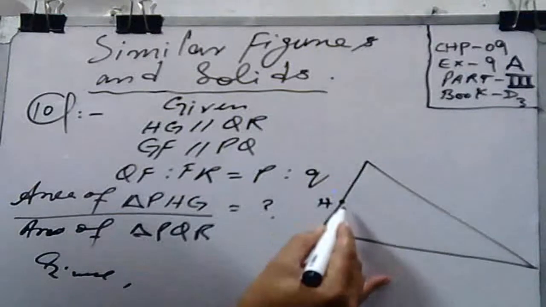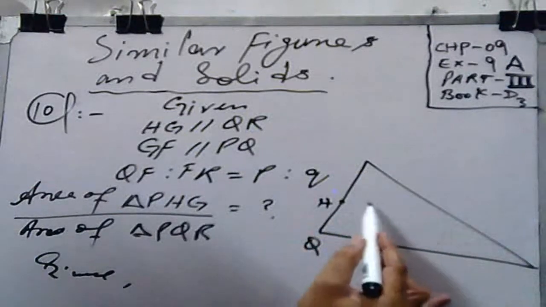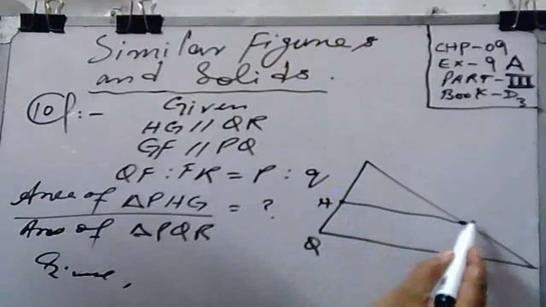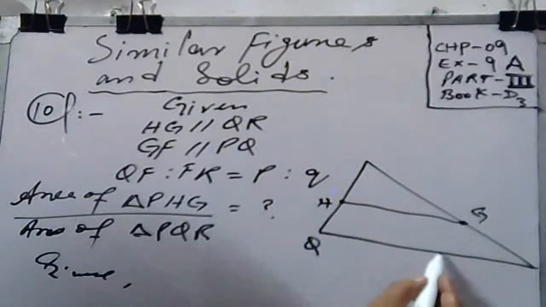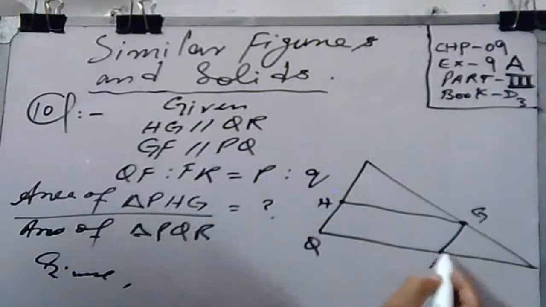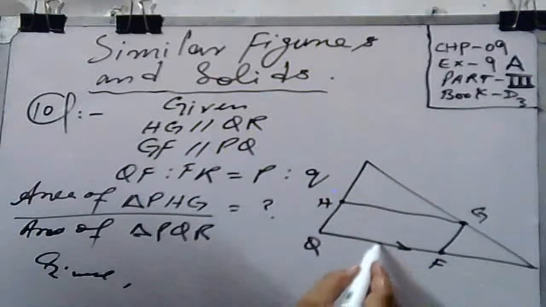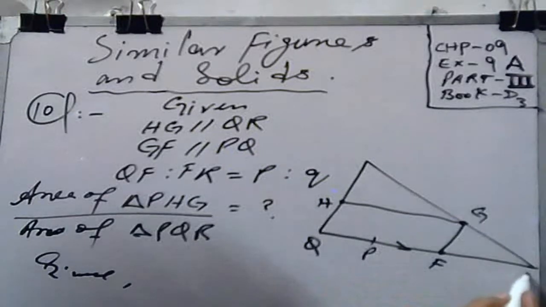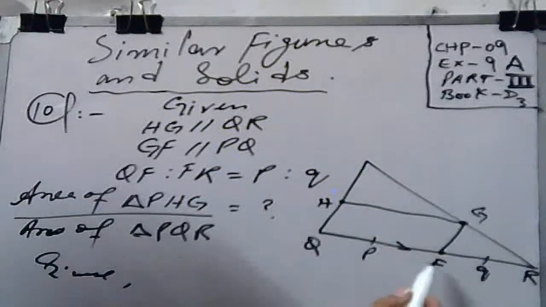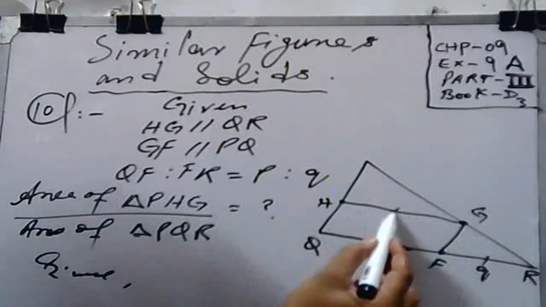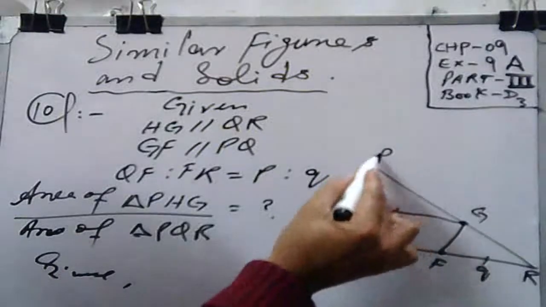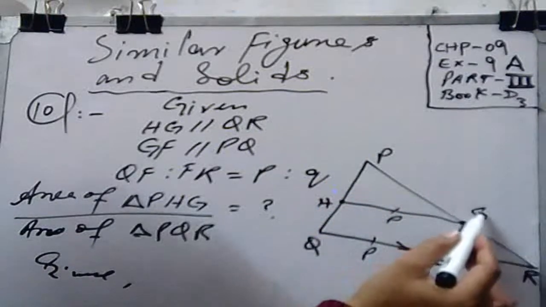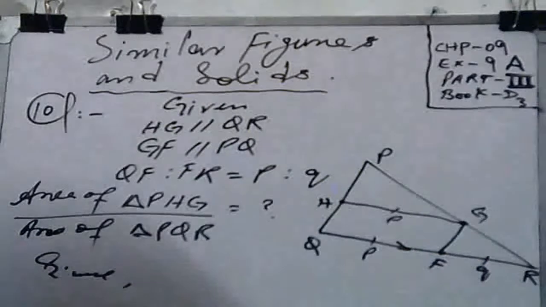That is your Q, this point is your H, that point is your G, and that point is your F. Join this. So this one is your P and this one is your Q as by given condition. So this side must be equal to this because these are parallel, so it is also your P, and that point is your P and that is your G.